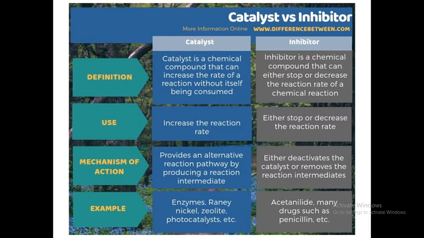Examples of the catalyst: enzyme, nickel, zeolite, charcoal, and many transition metals. Examples of the inhibitors: acetanilide, many drugs such as penicillin, and in this experiment we have sodium phosphate as the inhibitor.